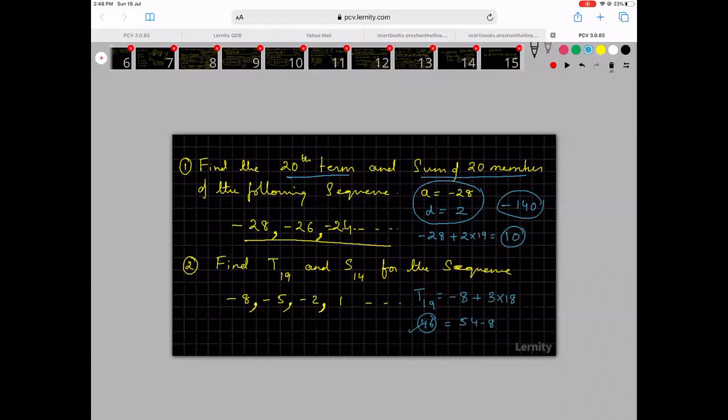Then S14 will become equal to 14 by 2 into minus 16 plus 13 into 3. 13 into 3 is 39. 39 minus 16 is 23. So 7 into 23, which is 161. So here the answer is 10 comma 140. Here, I asked you for T19, which is 46, so 46 comma 161.